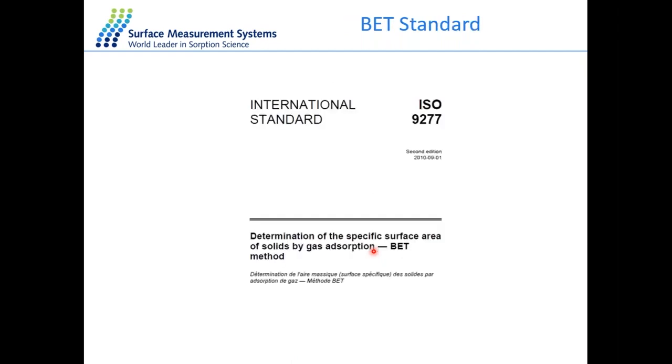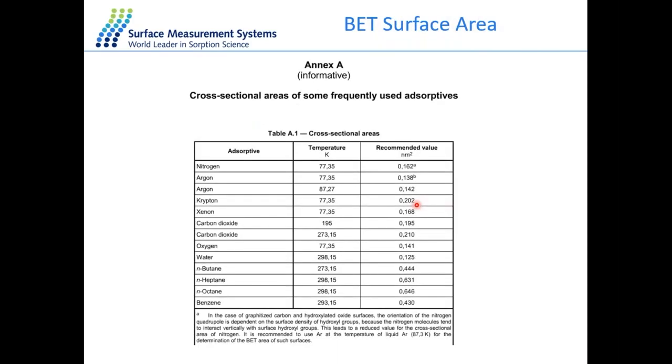It does not require that you use nitrogen or krypton, although nitrogen is by far the most commonly used adsorbate to measure BET surface areas. As long as you know the cross-sectional area of the molecule of interest, then you can calculate the BET surface area, again, assuming that it has the right isotherm interaction with the sample.